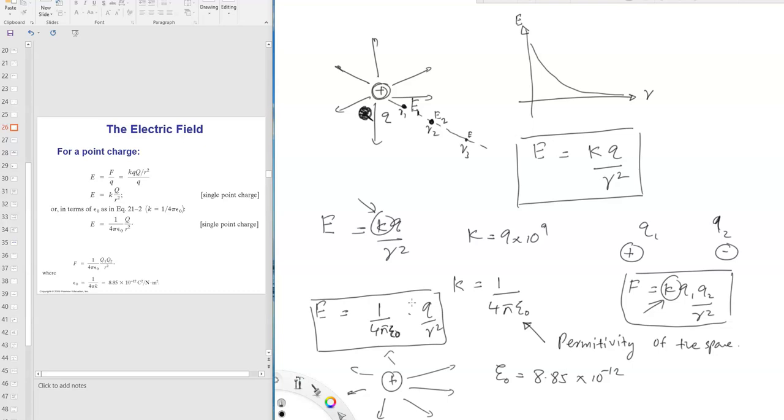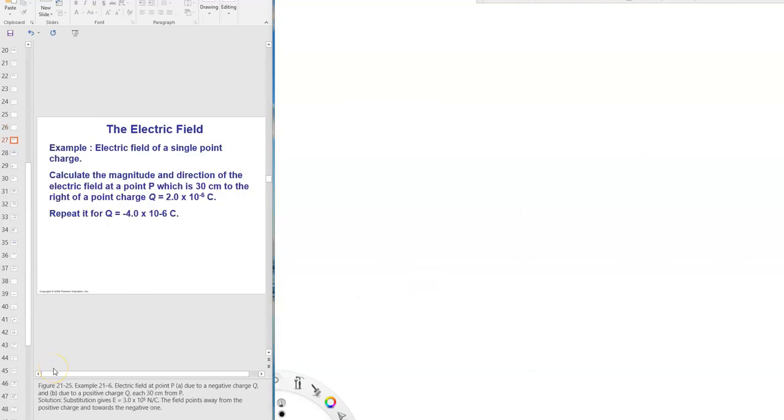Okay, so let's try an example real quick. The example question: electric field of a single point charge. Calculate the magnitude and direction of the electric field at a point P, which is 30 centimeters to the right of a point charge Q. Here we have a point charge where Q, the charge, is 2 times 10 to the negative 6 coulombs.